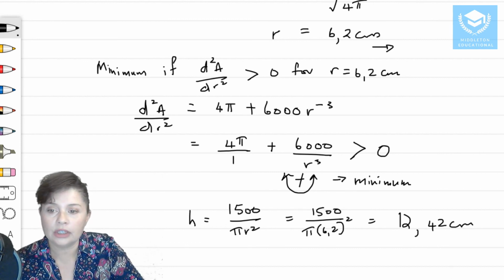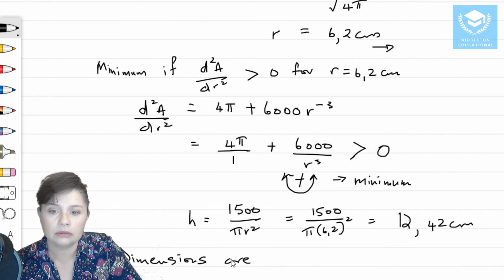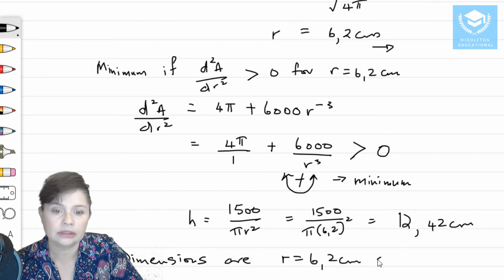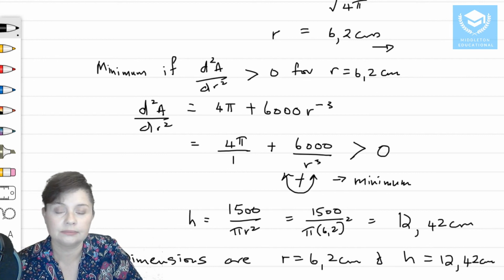Okay, so therefore your dimensions are the radius of the can equals 6.2 centimeters and the height equals 12.42 centimeters.